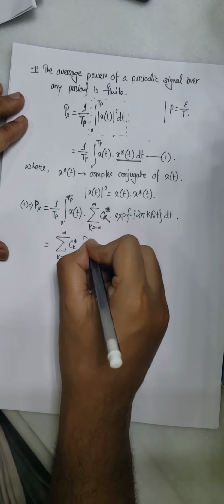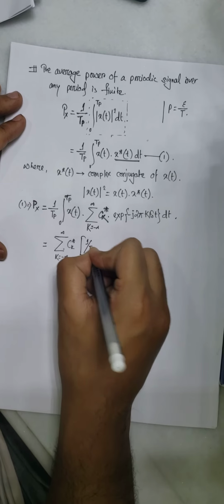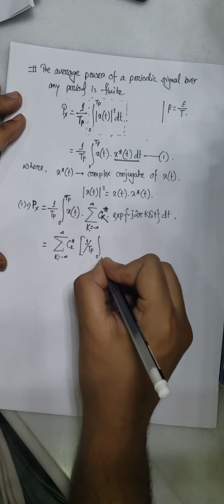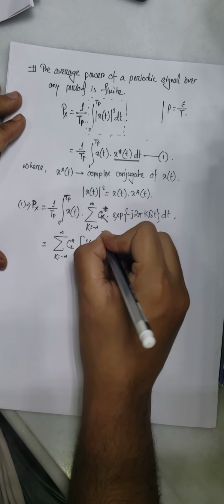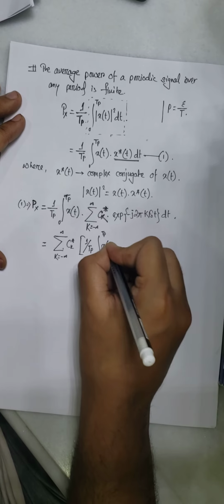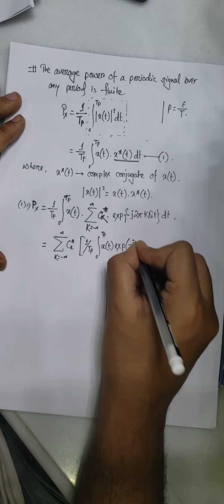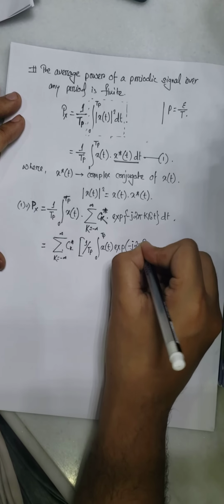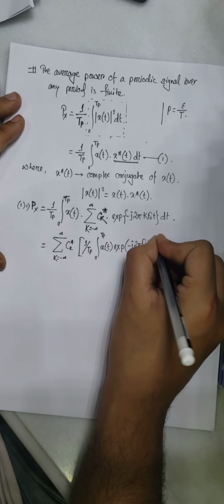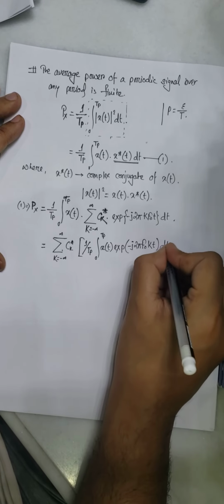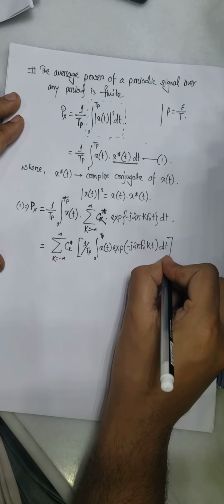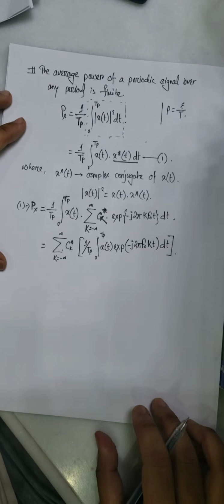All we are left with is 1 over Tp integral of 0 to Tp x of t e to the power minus j 2 pi f naught k t dt, since we are operating an integration.